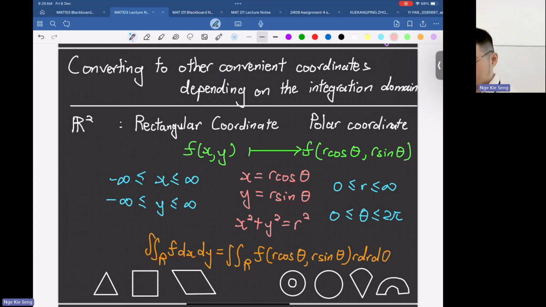Seems like not good. I don't think we can use this. Don't use equal here. And then on the other side, how to cover R2? You need radius from 0 to infinity, and you just need angle from 0 to 2 pi. Then you can cover everything in R2.